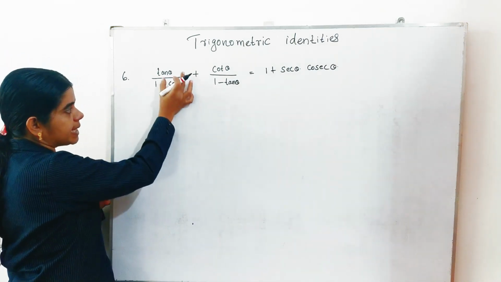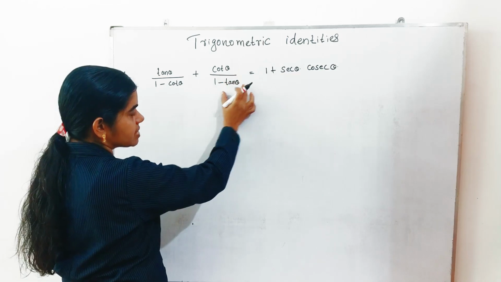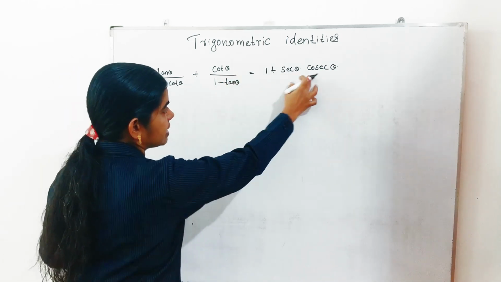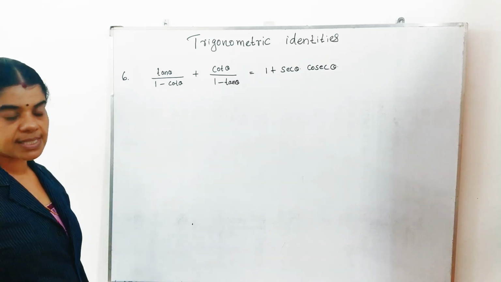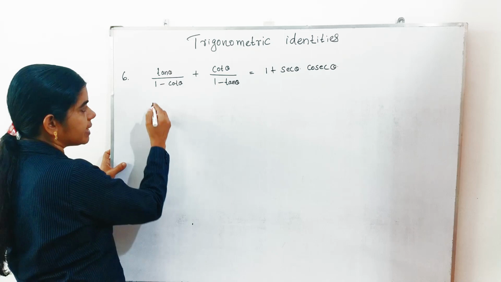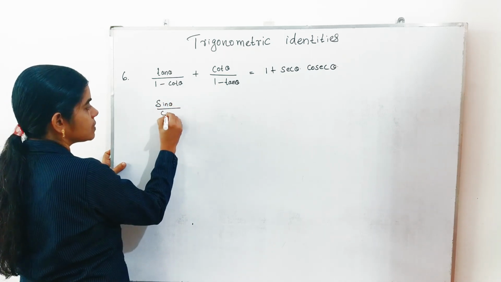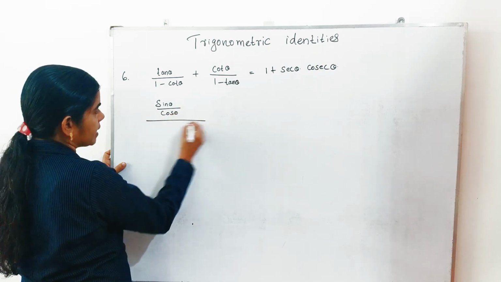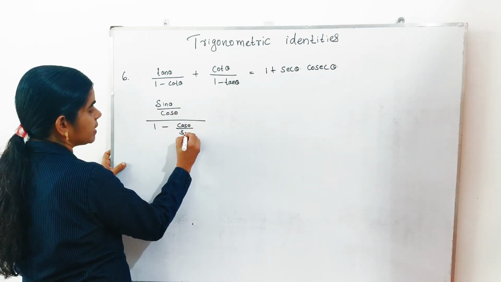Next question. Tan theta by 1 minus cot theta plus cot theta by 1 minus tan theta is equal to 1 plus sec theta into cosec theta. So as usual we can start with the LHS itself. We can change this. Tan we know is sin theta by cos theta, by 1 minus cos theta by sin theta.